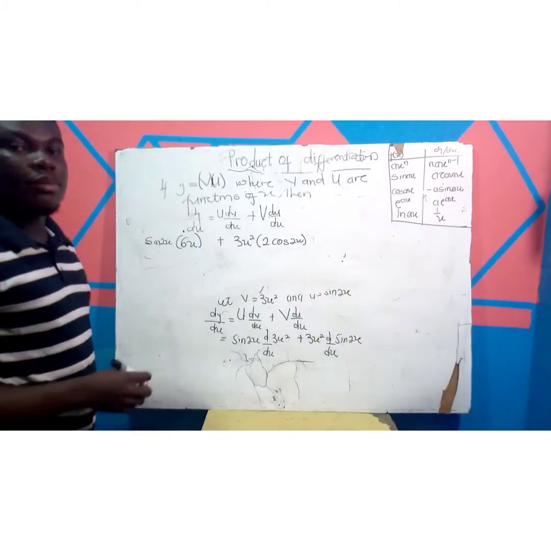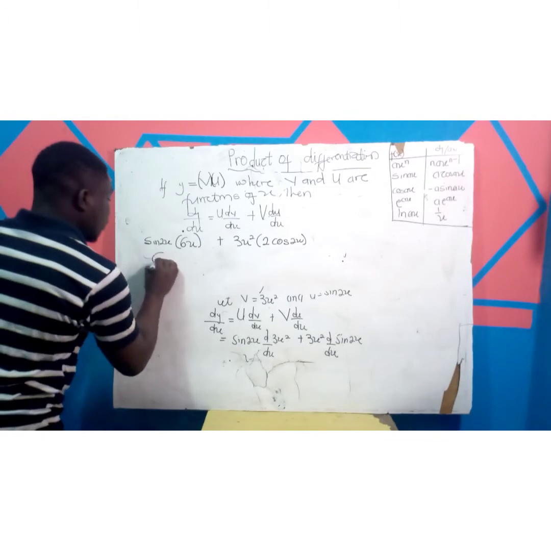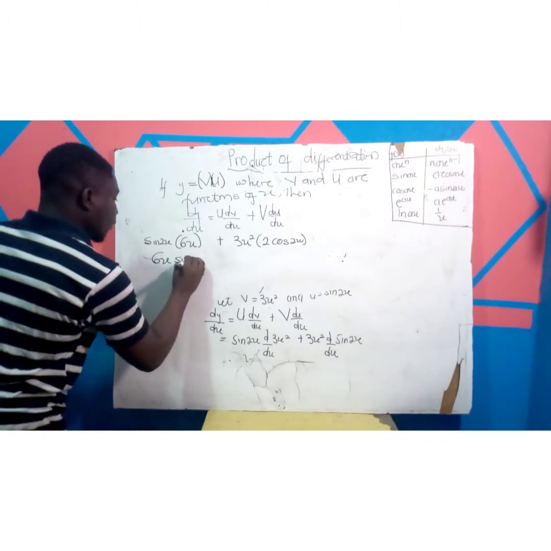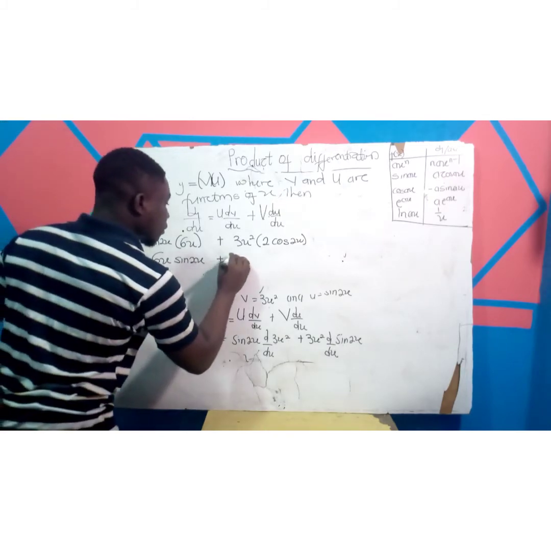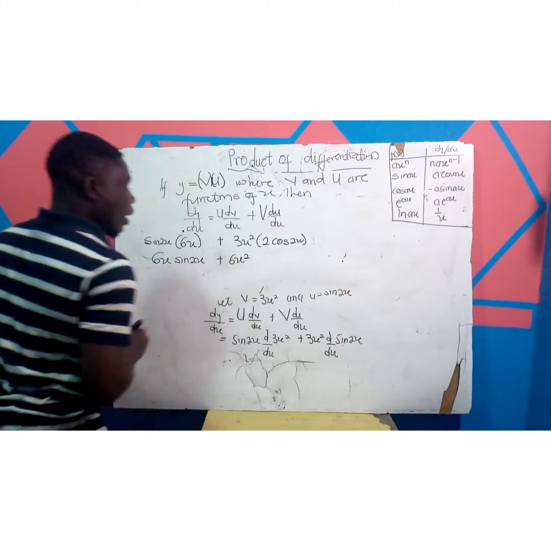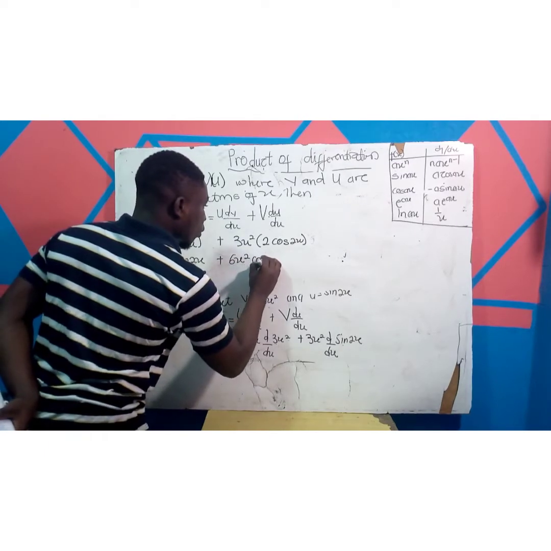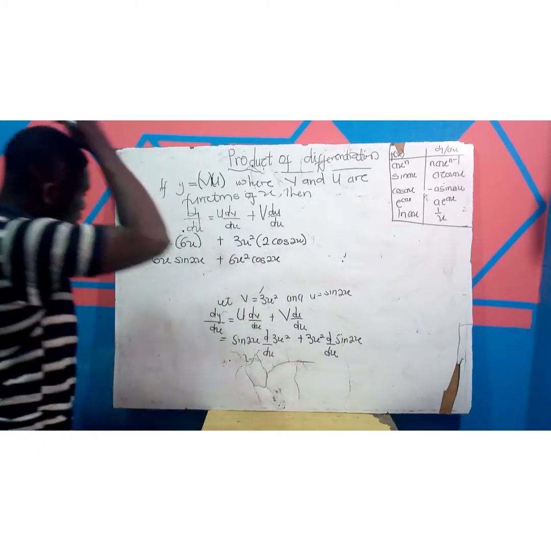Now let's expand the bracket. We are going to get 6x sin 2x plus 6x squared cos 2x.